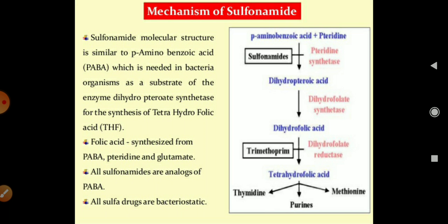The mechanism of sulfonamide. The sulfonamide's molecular structure is similar to p-aminobenzoic acid, PABA, which is needed in bacterial organisms as a substrate of the enzyme dihydropteroate synthase for the synthesis of tetrahydrofolic acid, THF.